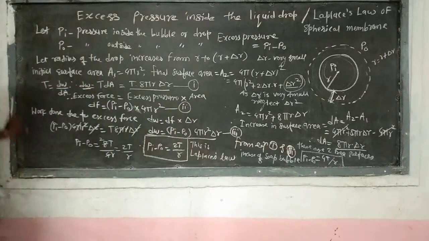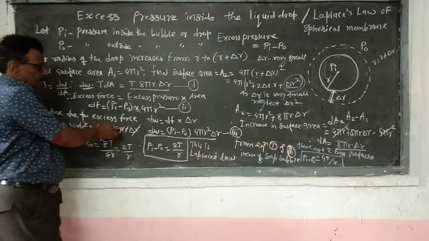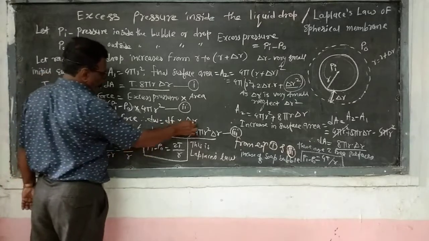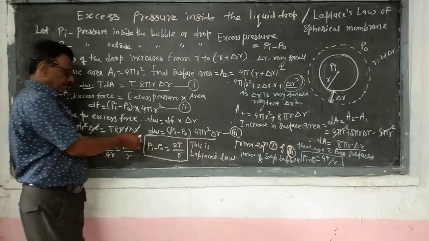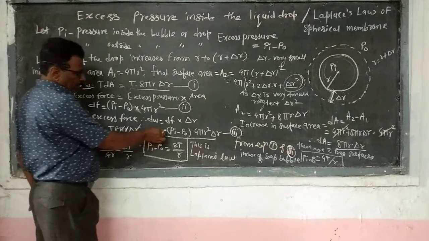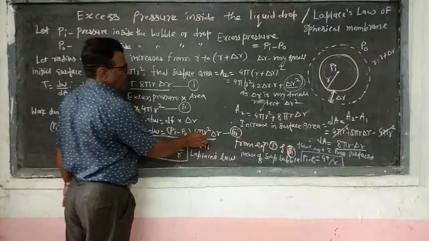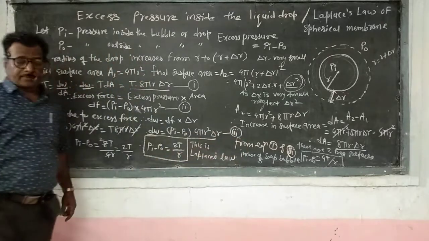Now we find out the work done due to excess force. That is given by dW equal to dF into delta r. Substituting, we get dW equal to (Pi minus P0) into 4 pi r square into delta r. Call this equation number 3.